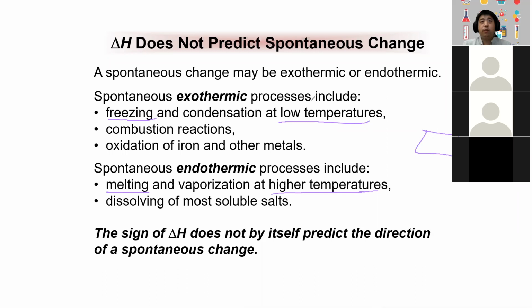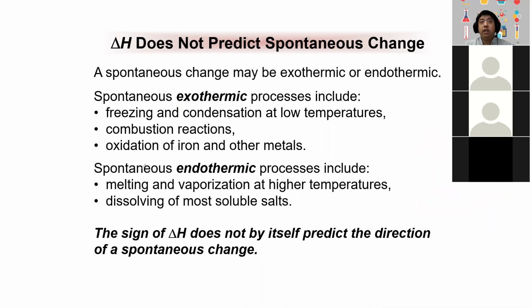So in both scenarios, if this is going to be the system here, right? When this is outside on a sunny day, it is essentially absorbing the heat. So this is undergoing an endothermic reaction, and it can be spontaneous. If I have an object that is in a freezer, essentially what's happening here is the heat from here is leaving. So that is an exothermic reaction, and that can also be spontaneous, depending on the place that it is at.